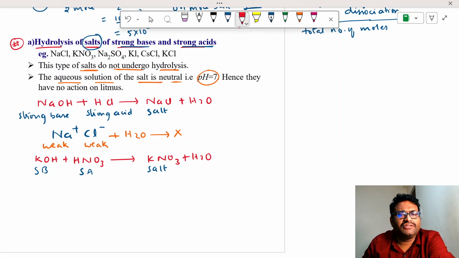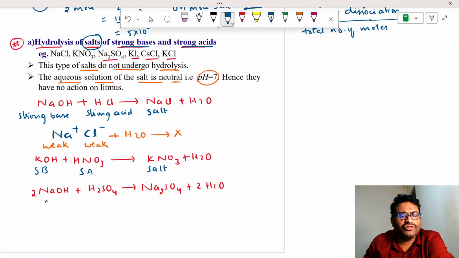In the same way, Na2SO4: NaOH reacting with H2SO4 gives Na2SO4 plus 2H2O. Again, strong base, strong acid.